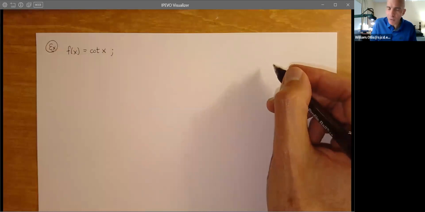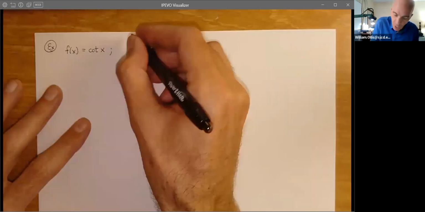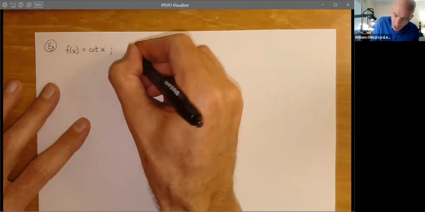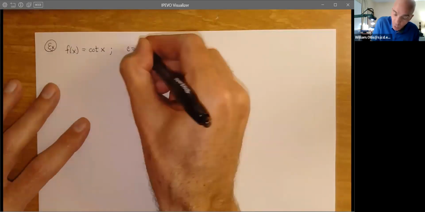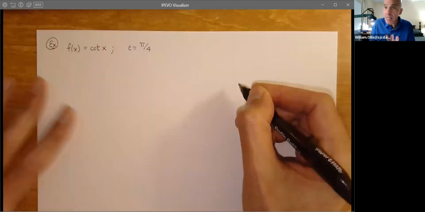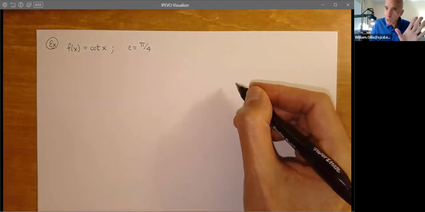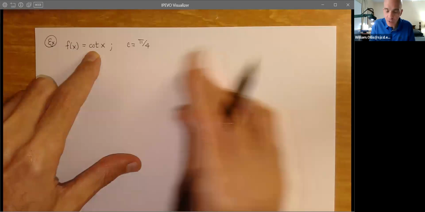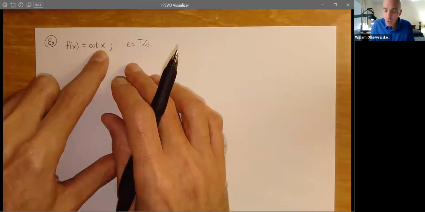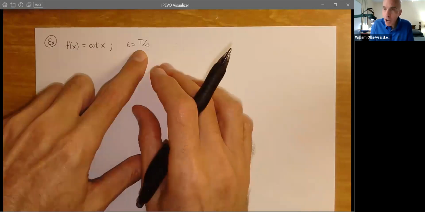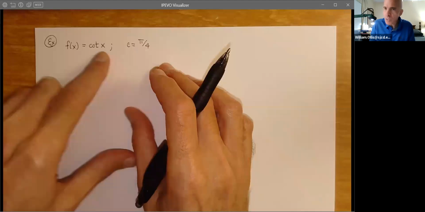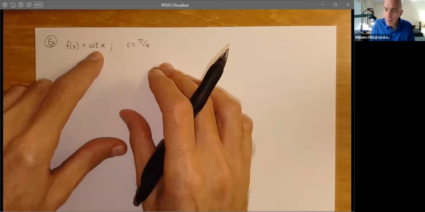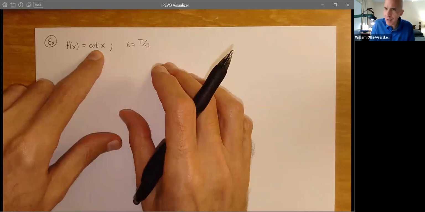That's really preferable. So we always want to say, well, how far do we have to go? WebAssign will look at what you've done, test it, and if it's equivalent, you get your green check, which we all want. So we have a cotangent function, x. We're going to expand about pi over 4. Now, the cotangent is cosine over sine.